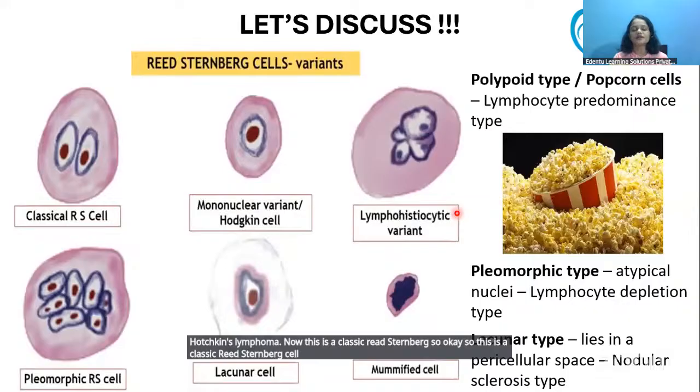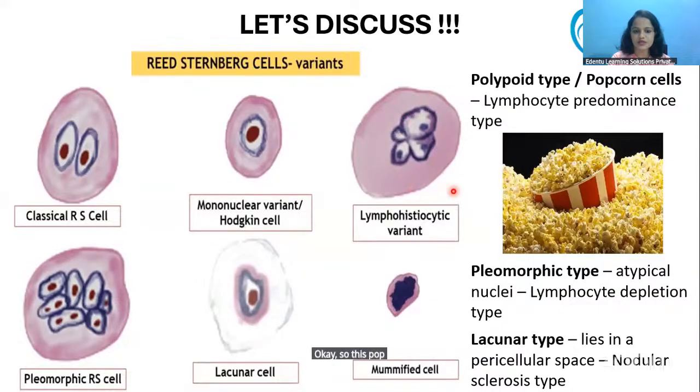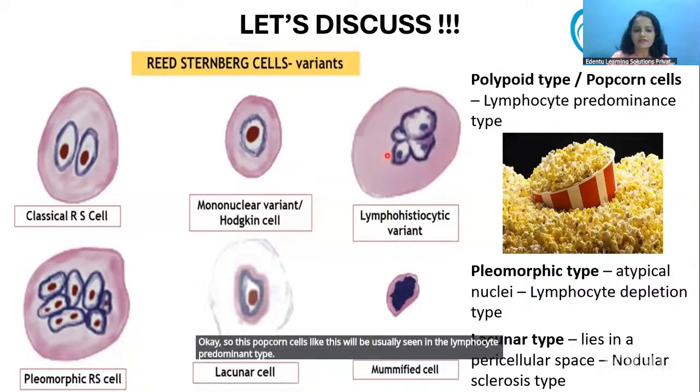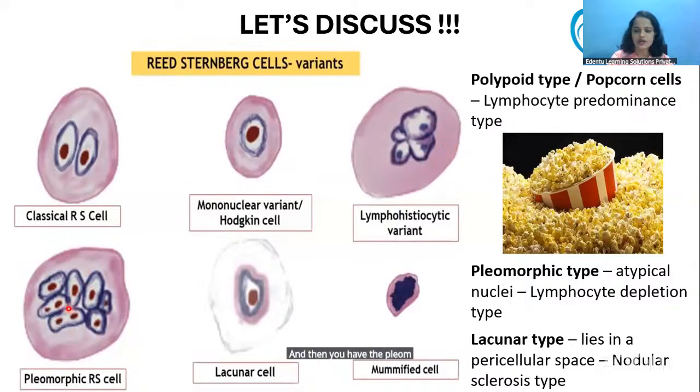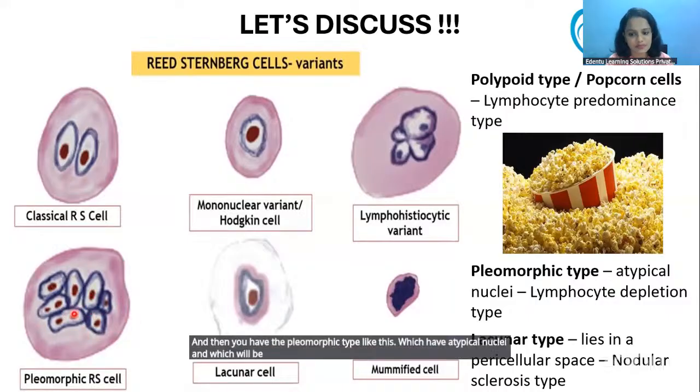Now, there are other variants of these Reed-Sternberg cells also. Let's see what the variants are. You have the polypoid or popcorn cells like this, which are usually seen in the lymphocyte predominant type. Then you have the pleomorphic type, which has atypical nuclei and is usually seen in the lymphocyte depletion type.